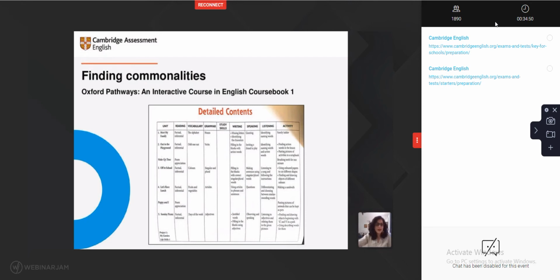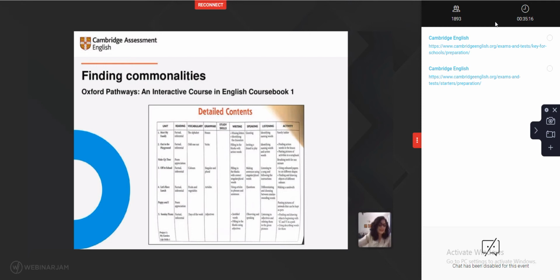For instance, you have articles, adjectives, and nouns in grammar, right? You can see nouns, you have verbs as well. In lexis, you have fruits and vegetables, you have color words, you have jumbled words in writing. Then you have greetings in speaking, you have listening to adjectives and relating them to given pictures.